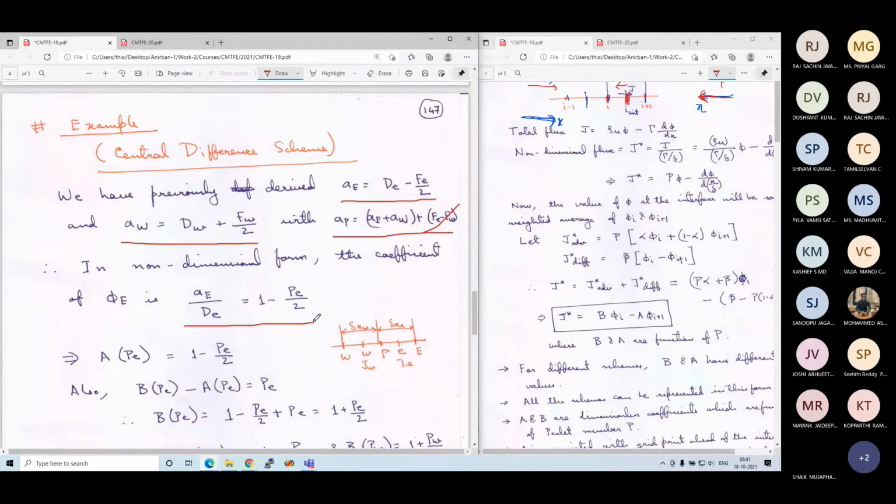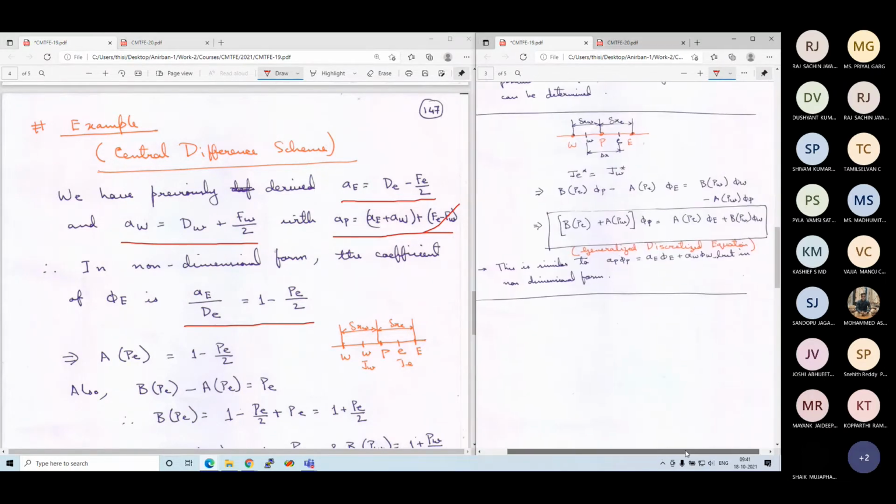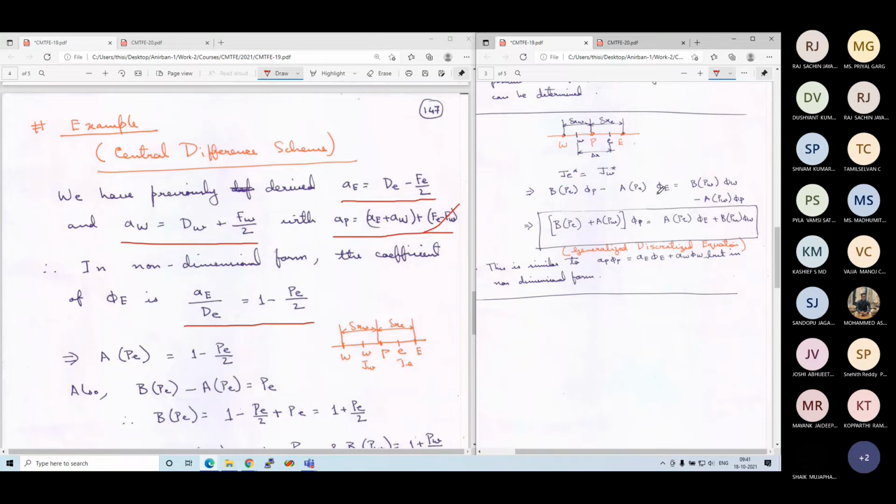So this is the form of the non-dimensional coefficient of AE. Because this should be equal to the coefficient of phi, which should be A of the Peclet number at each interface.